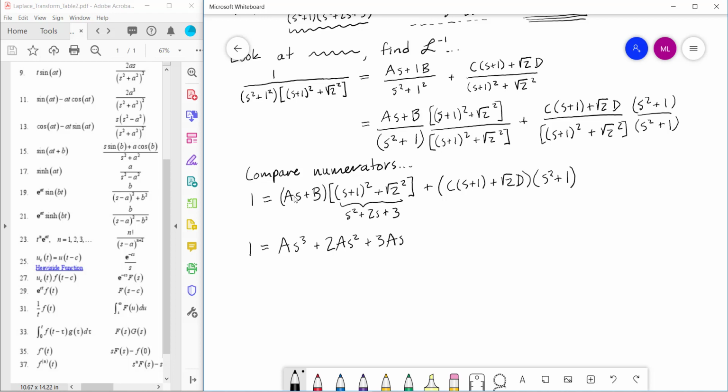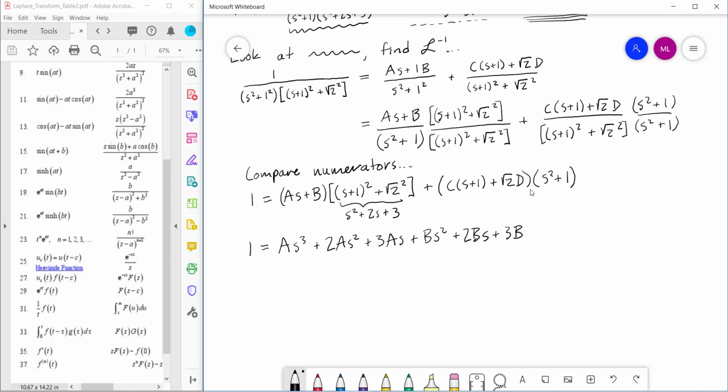Now let's do the b on each of those. So then we'll get plus bs squared plus 2bs plus 3b. Now I've hit all the terms that showed up here. We have all 6 terms from multiplying this binomial times this trinomial.